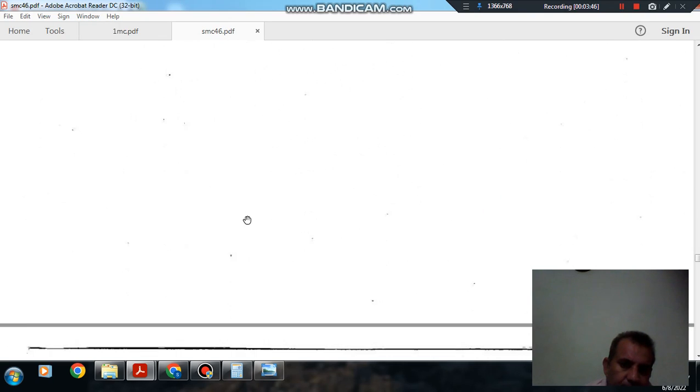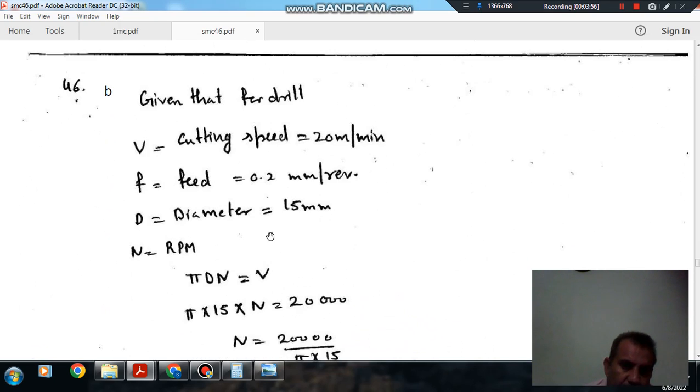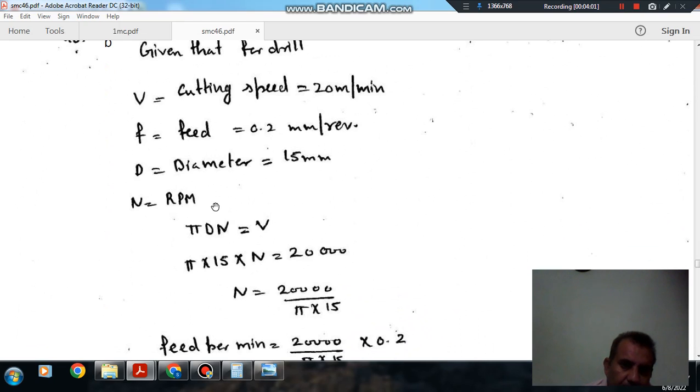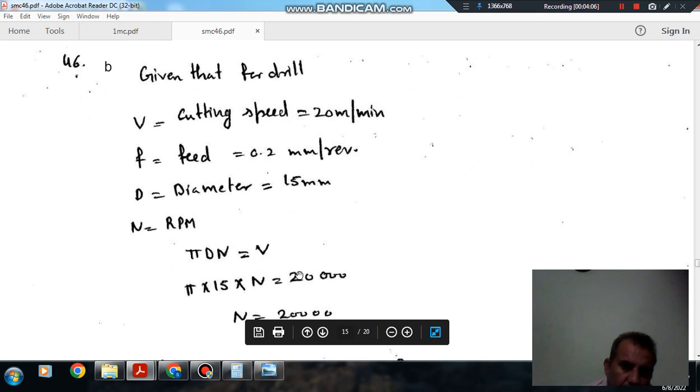So here, given that the cutting speed of the drill is 20 meter per minute, the feed is 0.2 per revolution and the diameter is 15. Suppose n is rpm, then pi d n is equal to v, where d is 15 and v is 20,000 millimeter per minute.